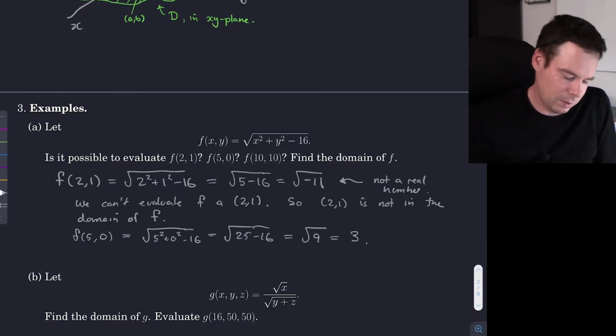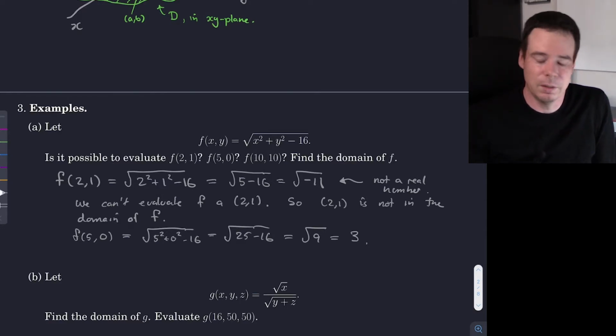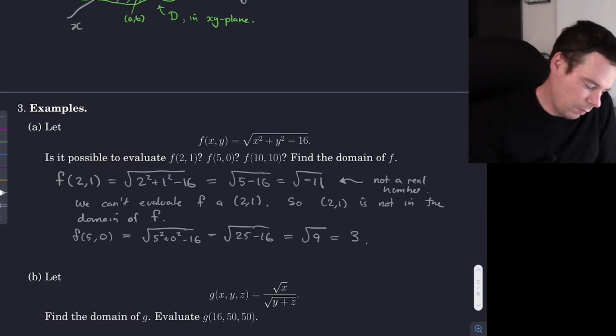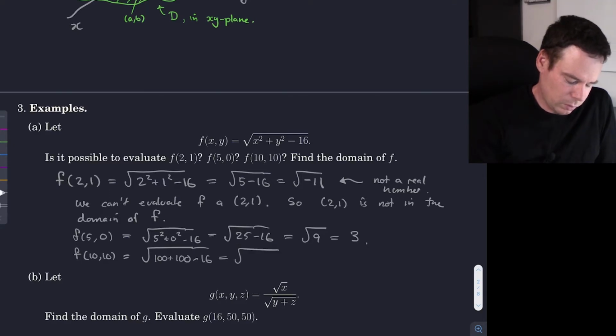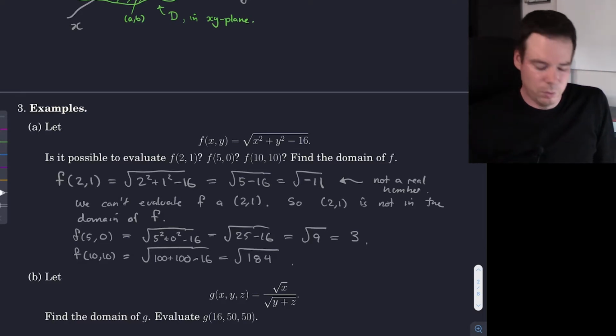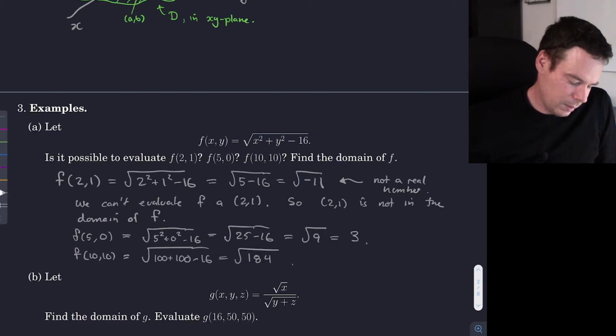So when I have this expression, the square root of 9, it means I'm taking the positive square root, or the value of 3. What's f of 10, 10? Well, that would be the square root of 10 squared, 100, plus 100, minus 16. So that's the square root of 200 minus 16, so that's 184. And so there's our value, the square root of 184.